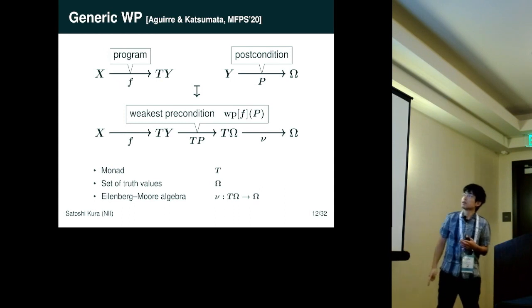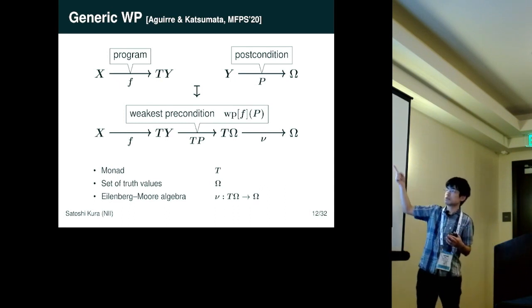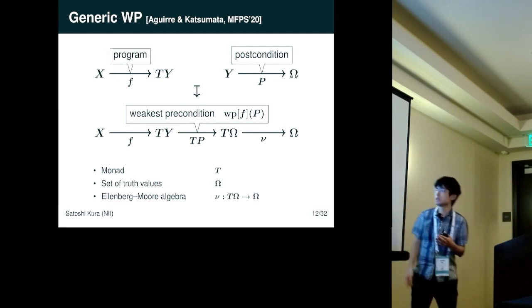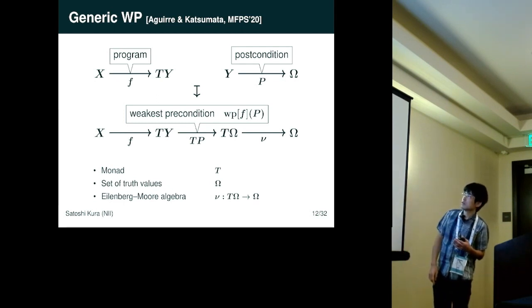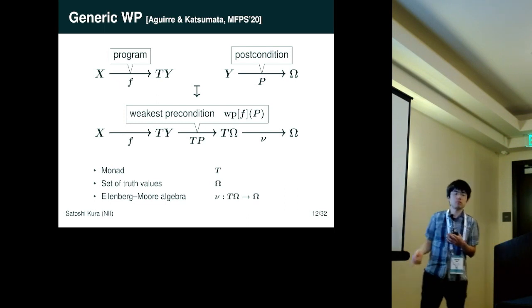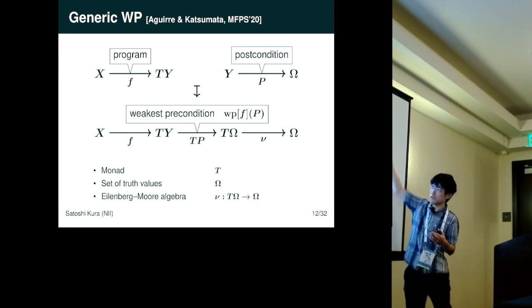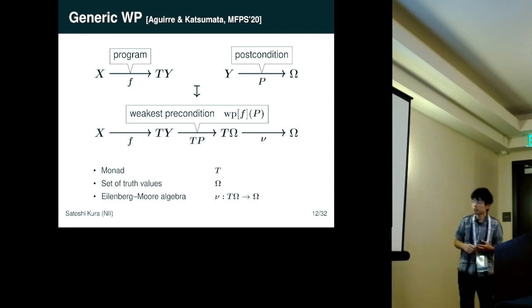So, given a program and a postcondition, the weakest precondition is defined by this composite. Here, T is a monad that represents computational effect. Omega is a set of truth values, and nu is an Eilenberg-Muir algebra. And in fact, all the instances in this talk can be obtained in this way.